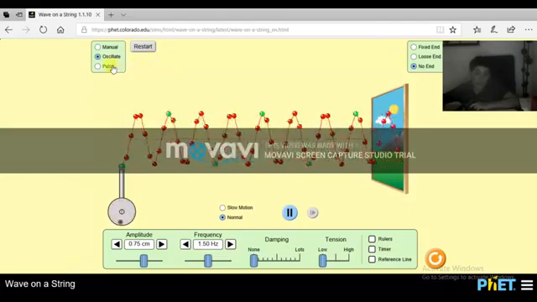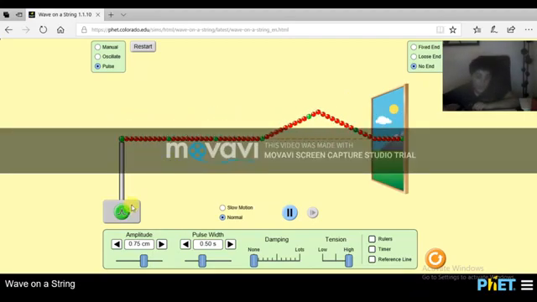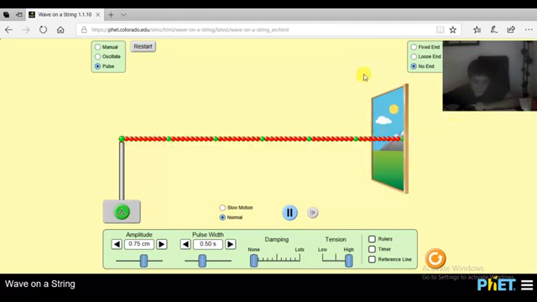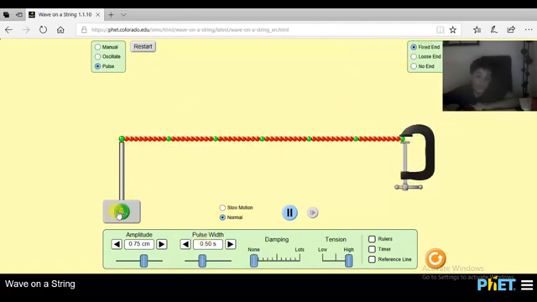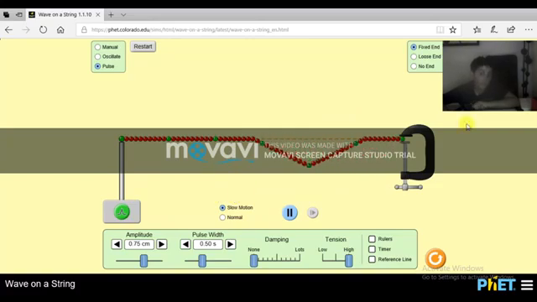Now let's move on to pulse. Pulse is usually the wave of a heartbeat, going up and down. Oh wait, I forgot the tension. Put it high. The heartbeat doesn't have any trough, so it's only a crest. It goes up. Let's do fixed end. See, no energy goes back because of the damping. Slow motion makes the waves go much slower.